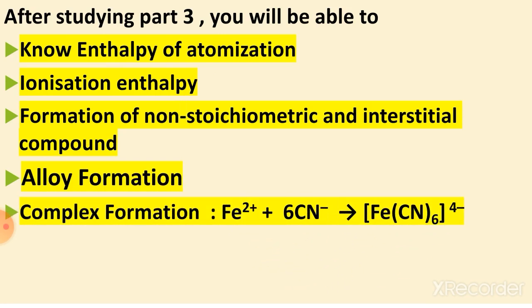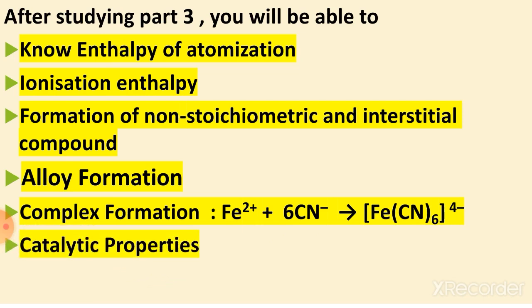Then complex formation: when the D block elements react with ligands which can donate an electron pair, they form a complex. So this also you have to know in this lecture. Then catalytic property, how the transition elements and their compounds behave as catalysts.